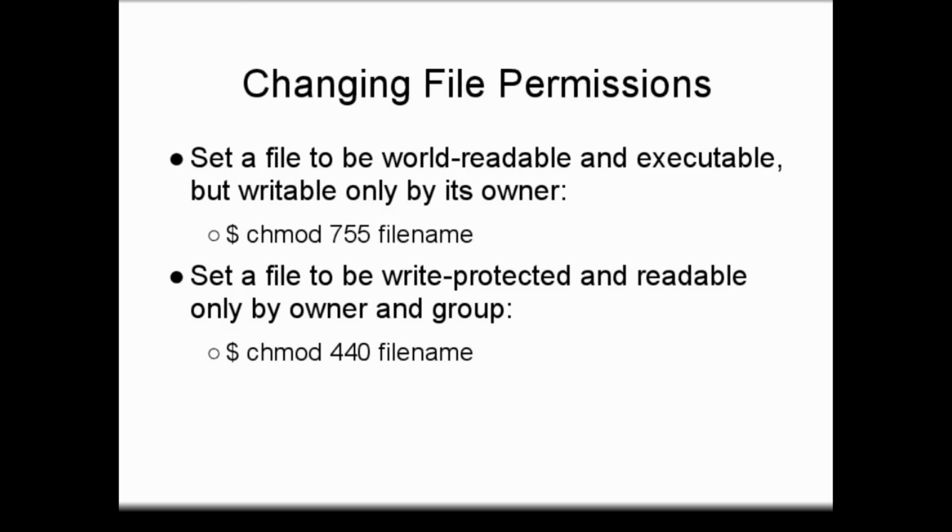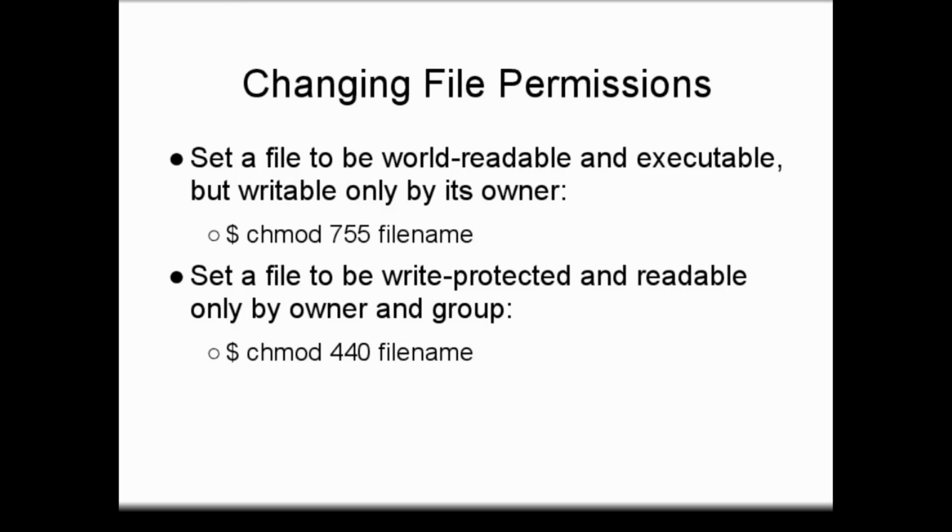In the first example, 755 means permission 7, which is 4 plus 2 plus 1, meaning read plus write plus execute, for the owner, that's the first number of the 3. The first 5, the second number of the 3, sets permissions for the group, which is 4 read plus 1 execute makes 5, and the same 4 read plus 1 execute for the world, which is the third number.